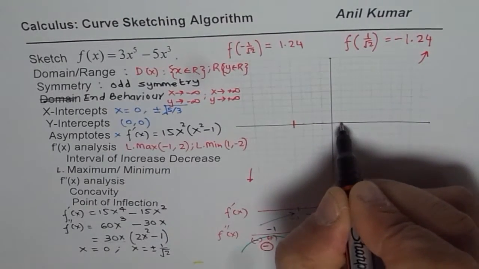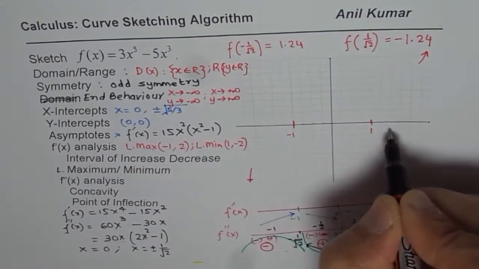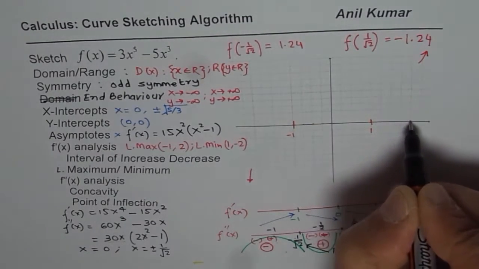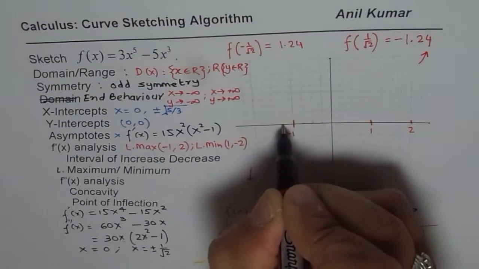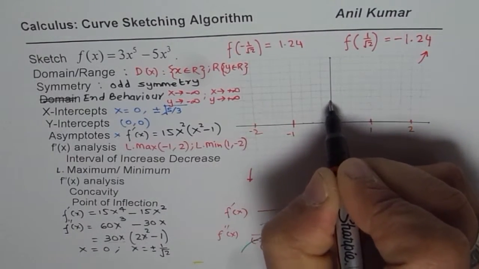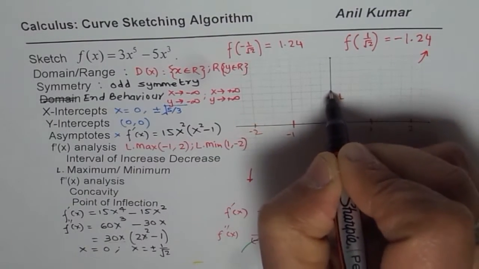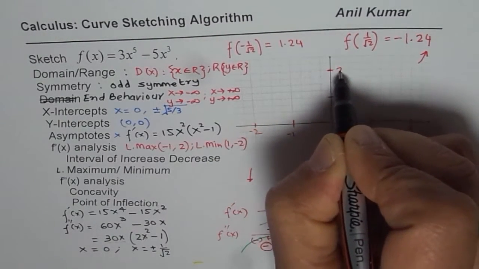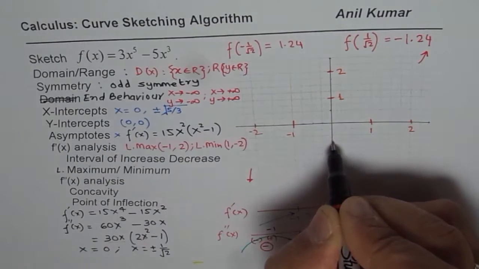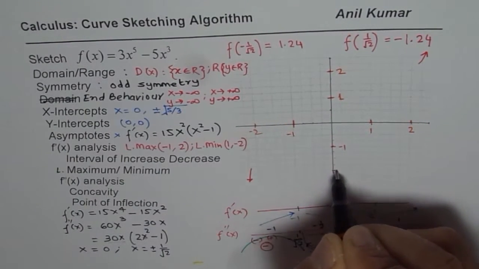This is minus 1, and this is 2 for us, and 4 units minus 2. Similarly here, this becomes 1, and then 4 units becomes 2 for us, and 4 units minus 1, and 4 units minus 2.